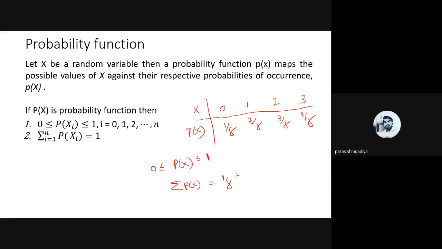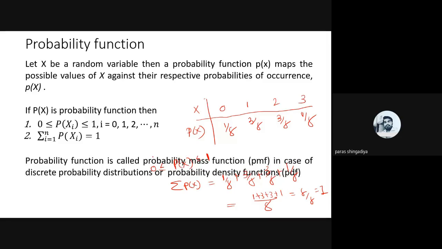That is 1 by 8 plus 3 by 8 plus 3 by 8 plus 1 by 8. Now check the total. Taking LCM 8, the numerator becomes 1 plus 3 plus 3 plus 1, which is 8 by 8, and that is equal to 1. So this data is called the probability function. Clear?